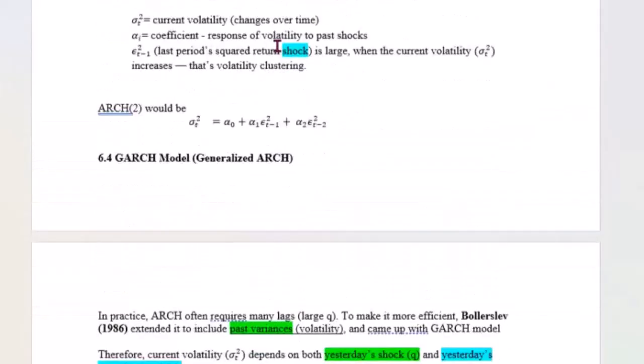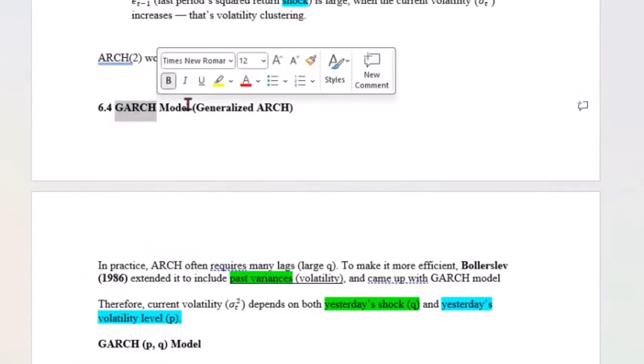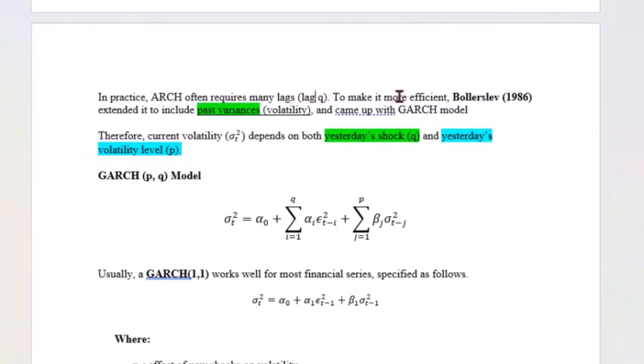Then we look at the GARCH. And about GARCH, we are introducing the term generalized. So we call it the generalized ARCH model, and it becomes the GARCH model. So in practice, the ARCH model often requires many lags, that is lag Q, to make it more efficient.